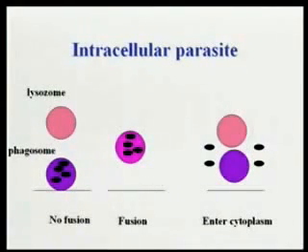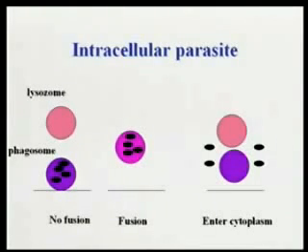On the other hand, if fusion occurs, the organism has to be resistant to these digestive enzymes, because the lysosomes, of course, are full of digestive enzymes. If the lysosome fuses with the phagosome, then these organisms have got to be able to deal with these enzymes and not be destroyed by them.